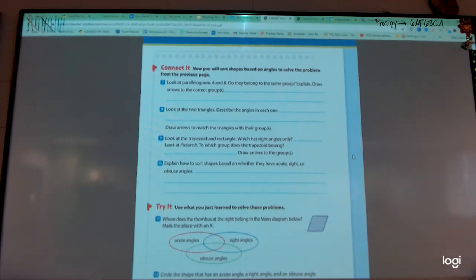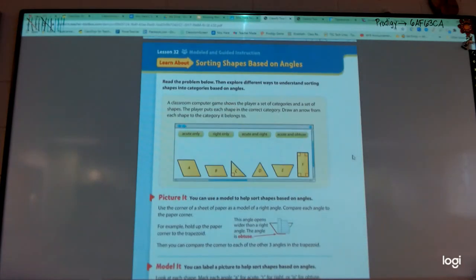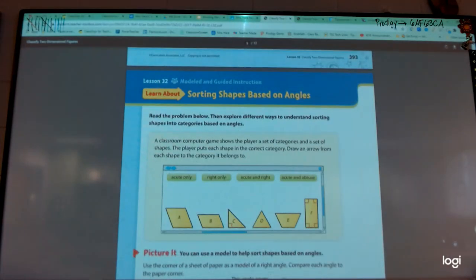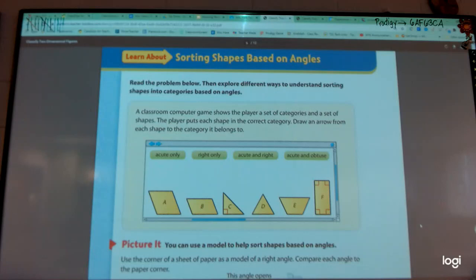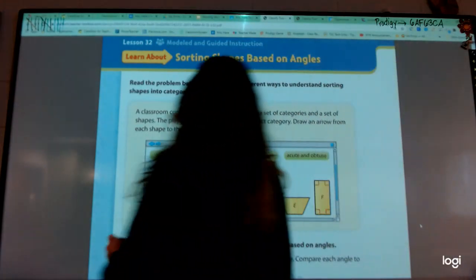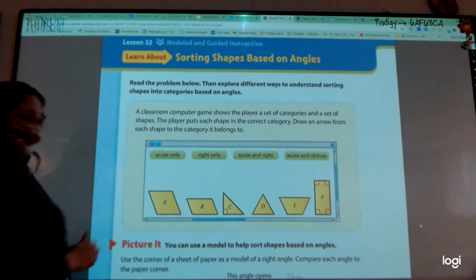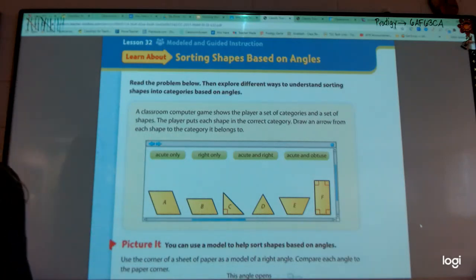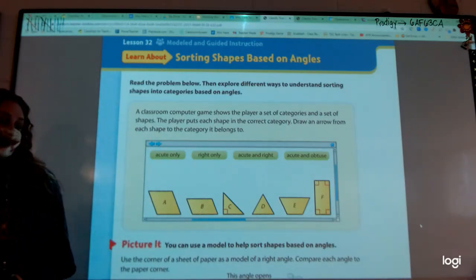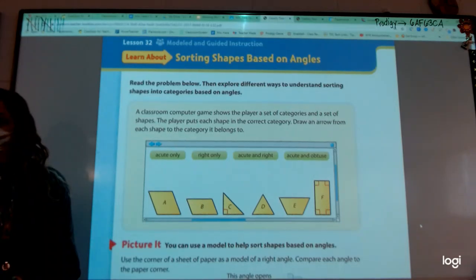Explain. Draw arrows to the correct groups. Okay, I'm going to scroll back up to this picture. Which shapes are we looking at first? Hayden? A and B. Now what are they asking us about them? Cadence, what are they asking? Do they belong to the same group?